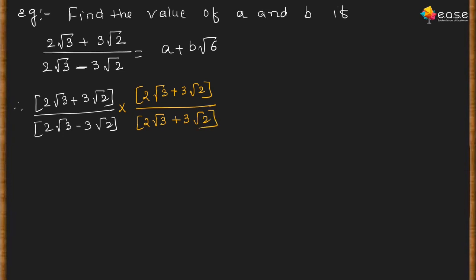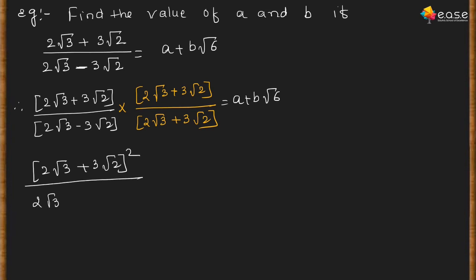The numerator becomes 2 root 3 plus 3 root 2 the whole square, divided by 2 root 3 the whole square minus 3 root 2 the whole square, equal to a plus b root 6.